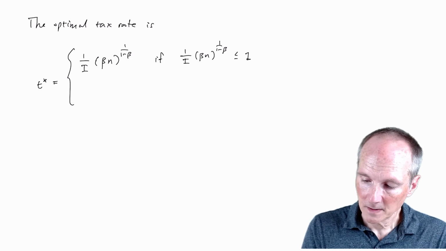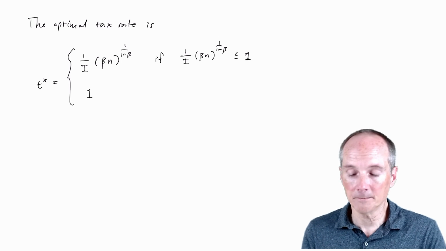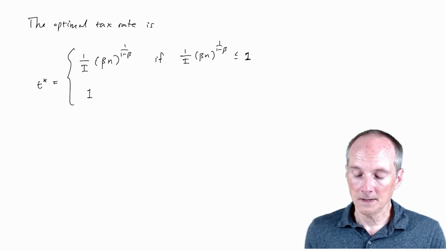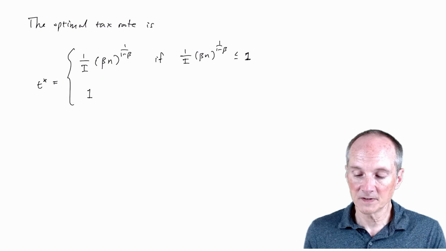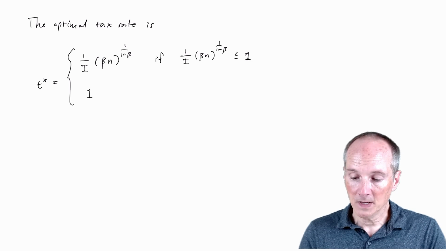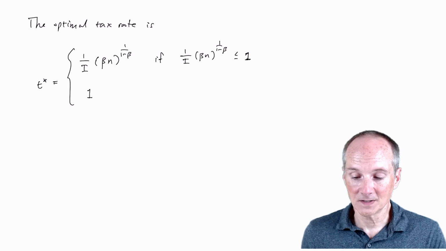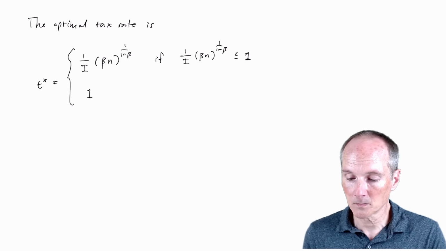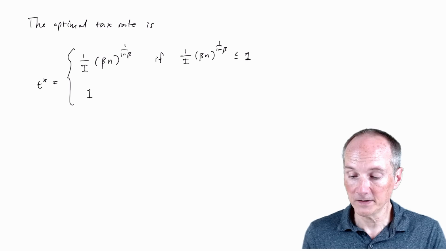And if that's greater than 1, well, then the optimal tax rate is just 1. And it's actually possible in this model because the way we're measuring the benefit of each member of this group, it has this additively separable form, and it might actually be that the best thing for this group is just for everyone to chip everything in to this project or whatever it is.